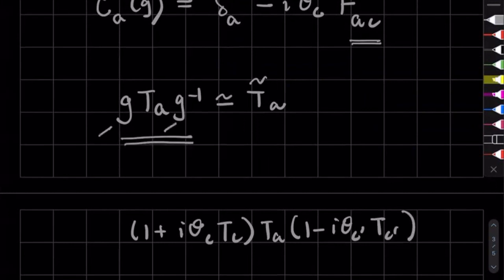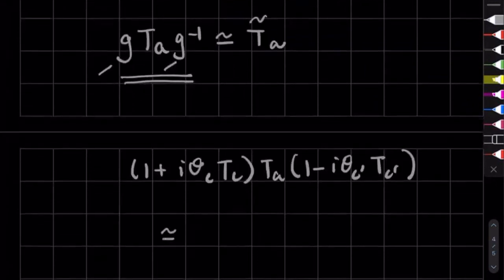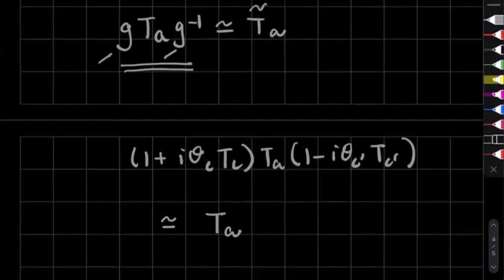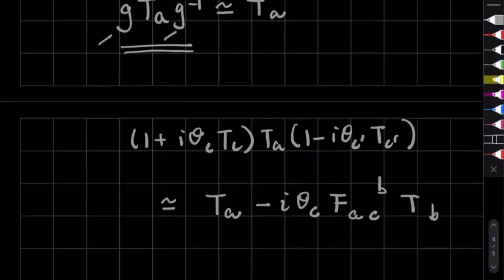On the right-hand side, I can write this as T_A minus i theta_C f_ACB T_B.